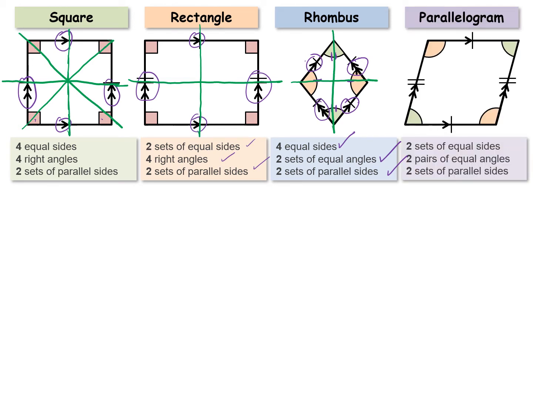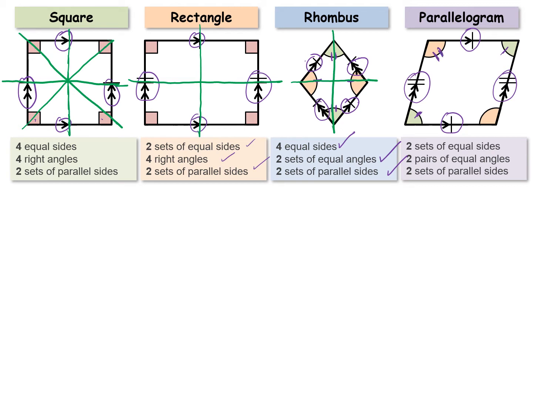The parallelogram is a bit like the rectangle. Top side is the same as the bottom side, and they're also parallel. The left side and the right side are equal to each other, and they're parallel. However, what makes the parallelogram different to the rectangle is there's no right angles. So this angle is equal to this angle.